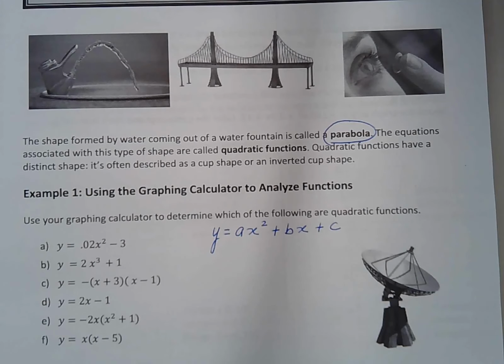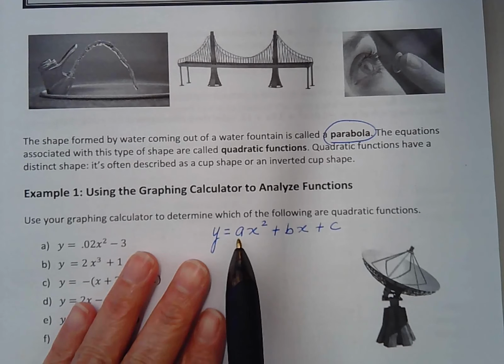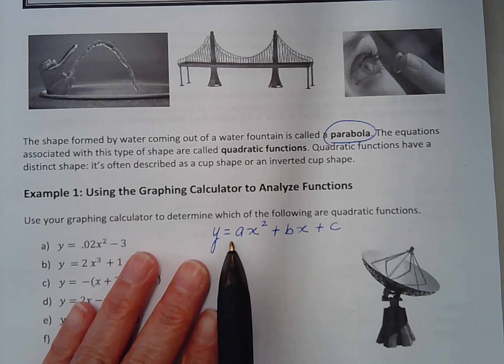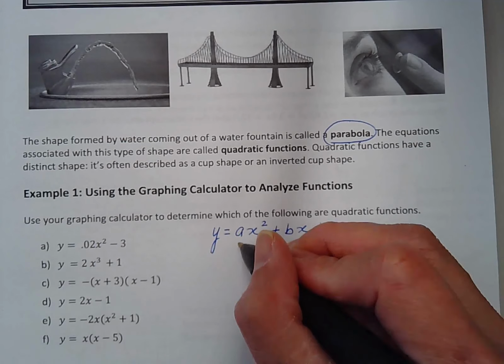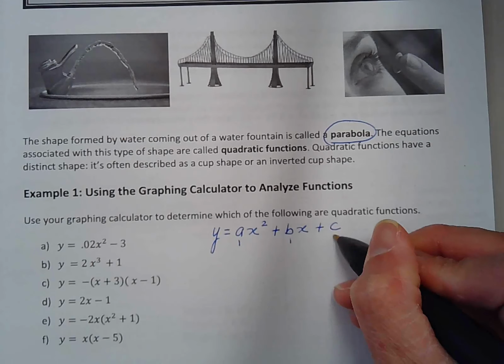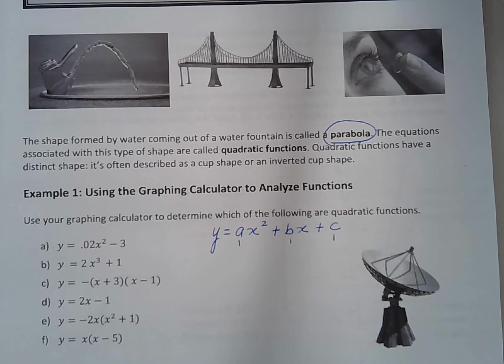You will see a parabola if you have the equation, or you can rewrite the equation in this form. A, B, and C are just numbers, okay?